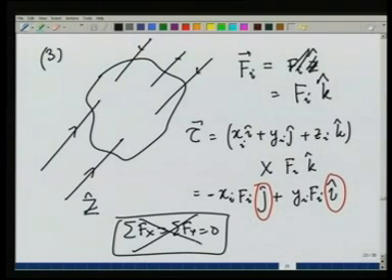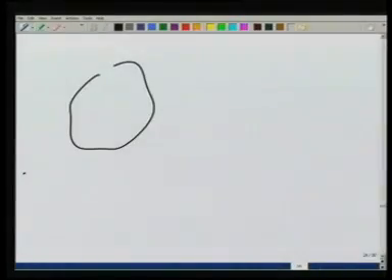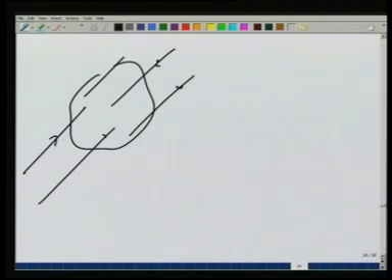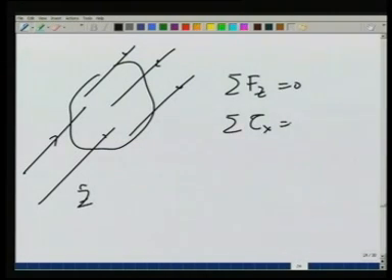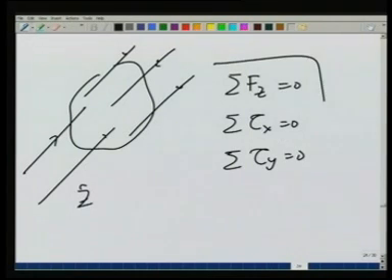I need not consider it. So, in this case, when all the forces applied are parallel and we take that parallel direction to be the z direction, the equilibrium condition is going to be summation f z is equal to 0, summation tau x is equal to 0 and summation tau y is equal to 0, only 3 conditions.